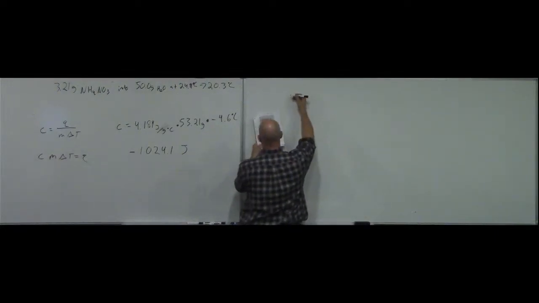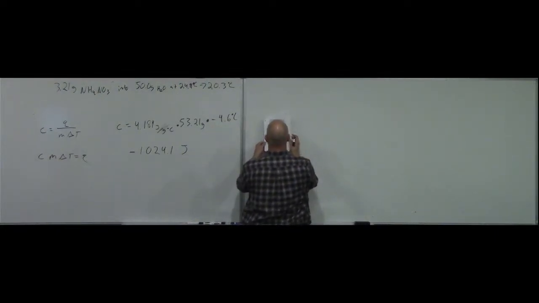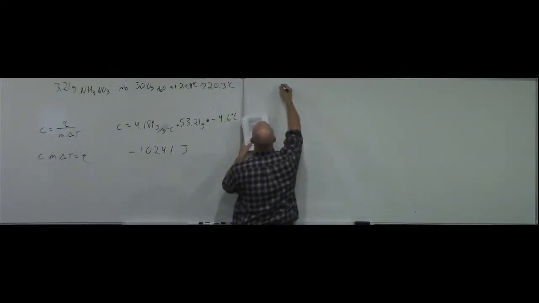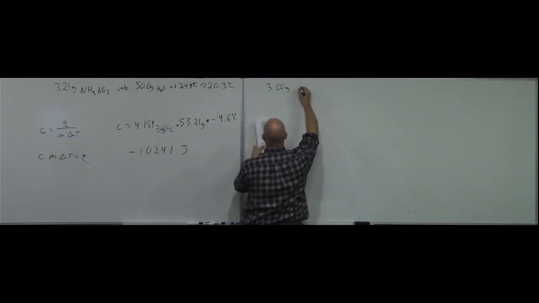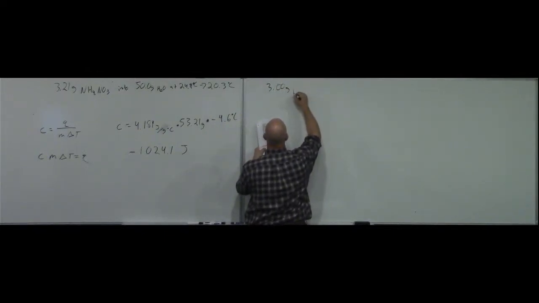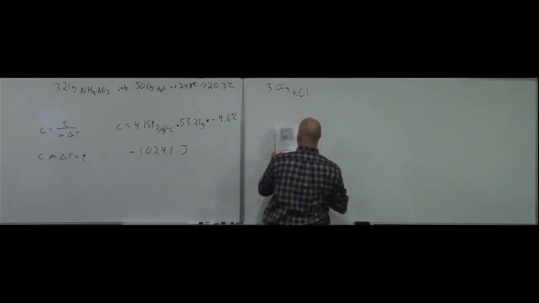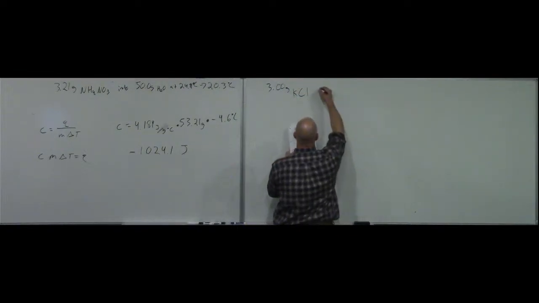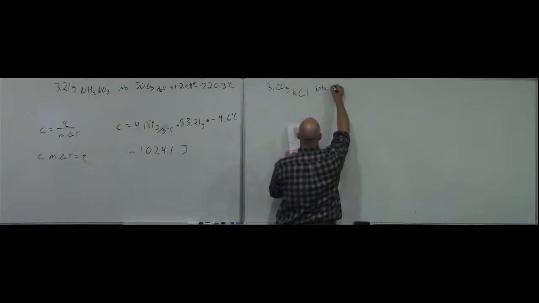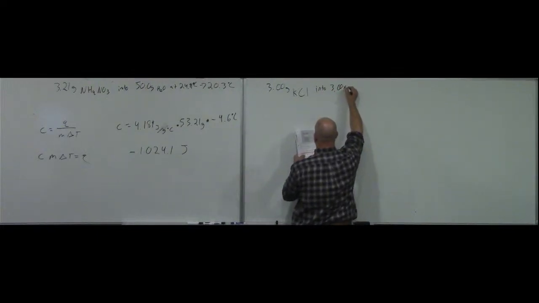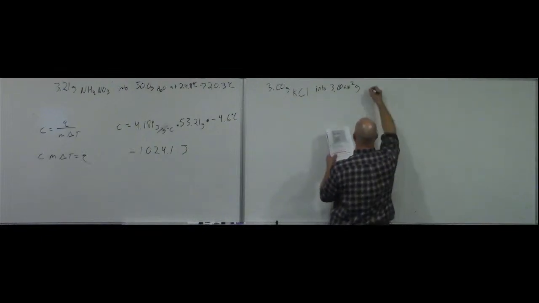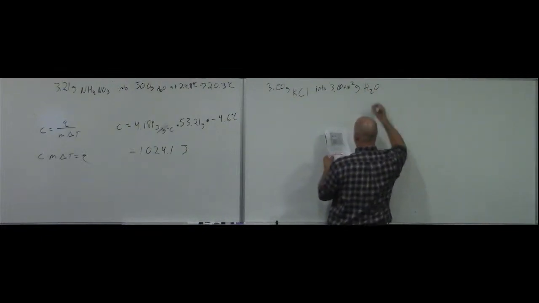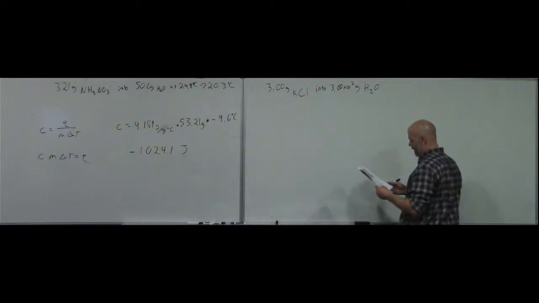1.33 kilojoules. Oh no, I'm sorry. All right. 3.00 grams of KCl, potassium chloride, was added to 3.00 times 10 to the second grams of H2O in a coffee cup calorimeter.